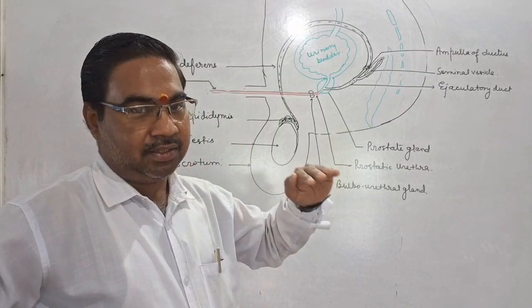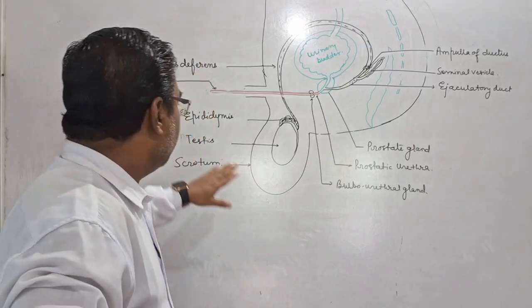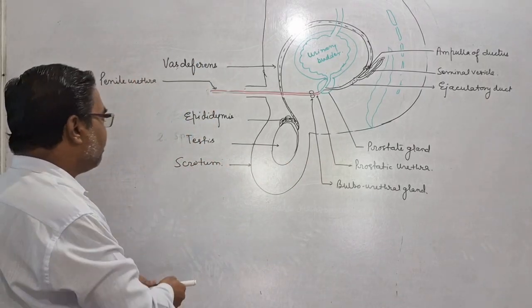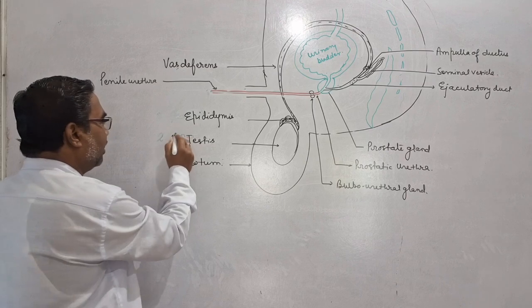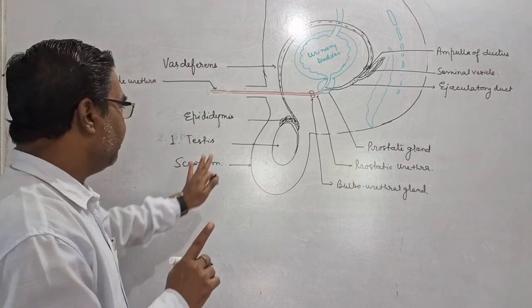Now one by one we have to focus on what is the path of the sperm. So let's start. First of all, a sperm is formed at the testis. So start the journey from here.